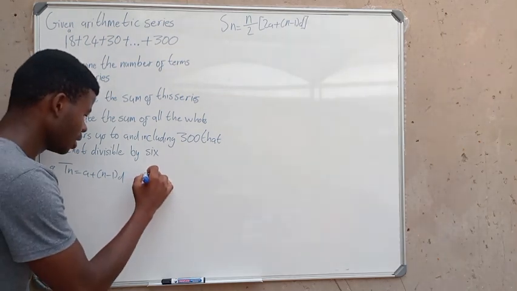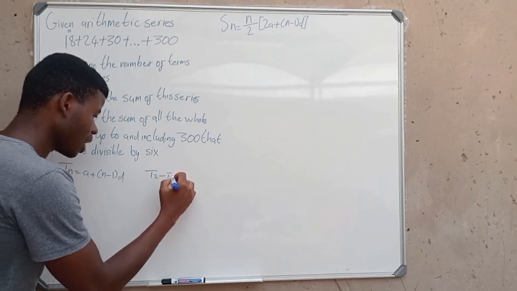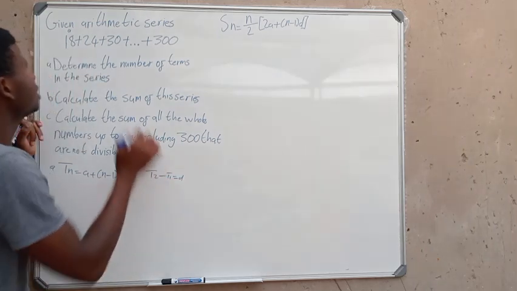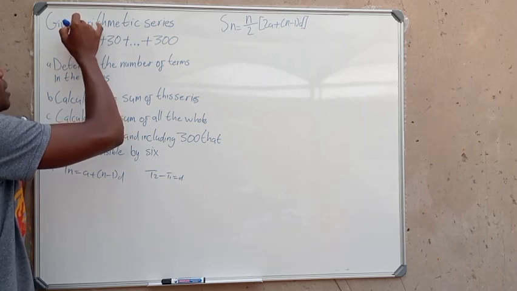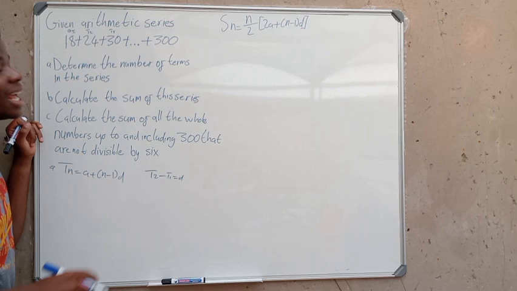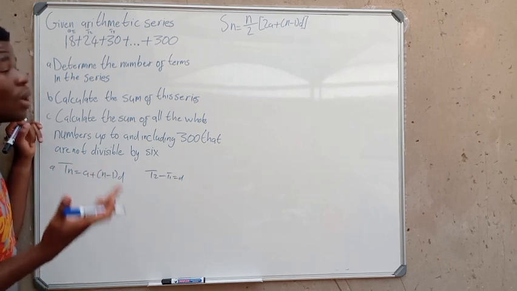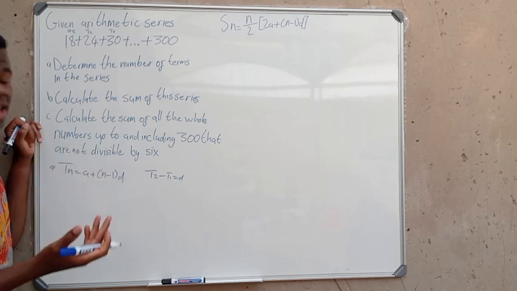We are going to use this formula: T2 minus T1 is equal to d. So 18 is term number 1, then term number 2, term number 3. And 300, I don't know which term it is. They want me to find that.